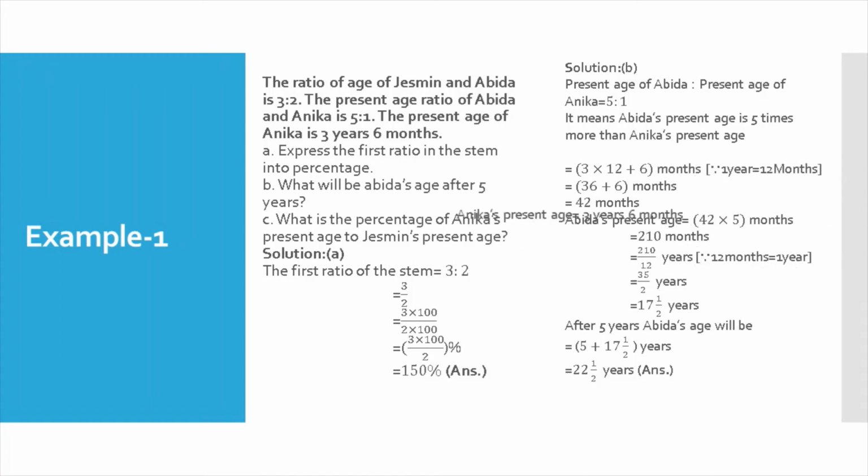So first we convert Anika's present age into months, getting 42 months. Abida's present age is 5 multiplied by 42, that is 210 months, and converting into years we get 17 and a half years. After 5 years the age will be 5 plus 17 and a half, that would be 22 and a half years. That is our desired answer.